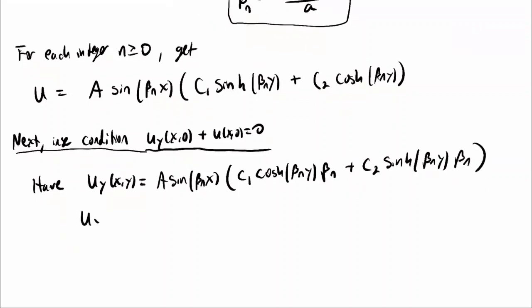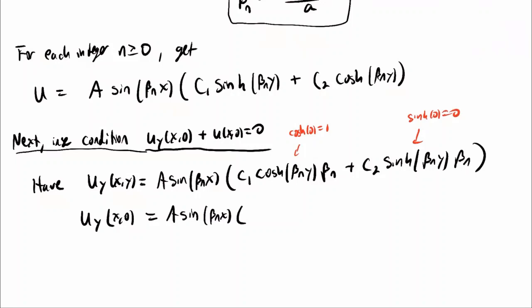And therefore, if I plug in y equals 0 to this derivative, I end up with a sine beta n x times, well, now remember that if y equals 0, hyperbolic cosine of 0 is 1, and hyperbolic sine of 0 is 0.